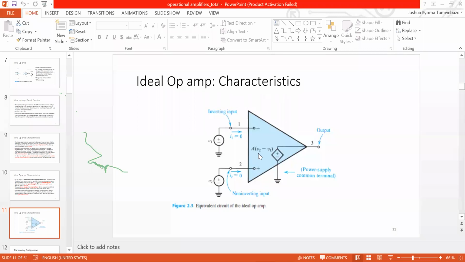Ideally, it is infinite, but practically, it will be some large value. Then we have a dependent source connected to the output. The dependent source is simply telling us that the output of your amplifier is A times the difference between V2 and V1.